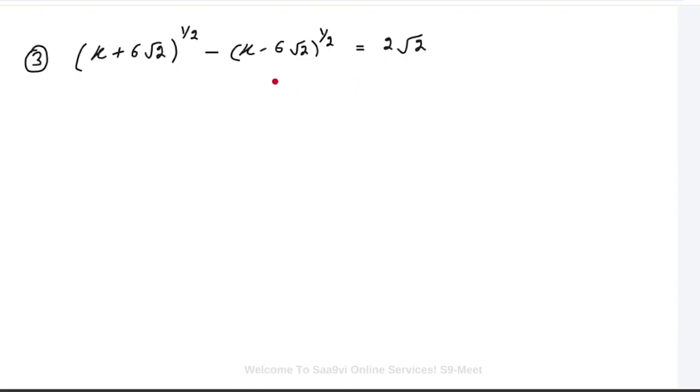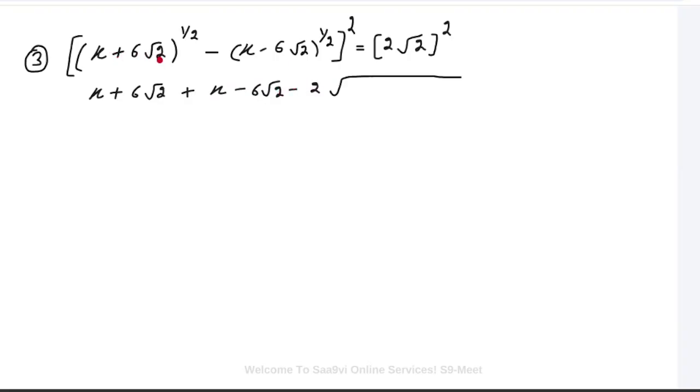Same thing we can do. So when we square both the sides, the left hand side we get a square plus b square minus 2ab, because of the formula of a minus b whole square. So a square and b square, that will be under square root.